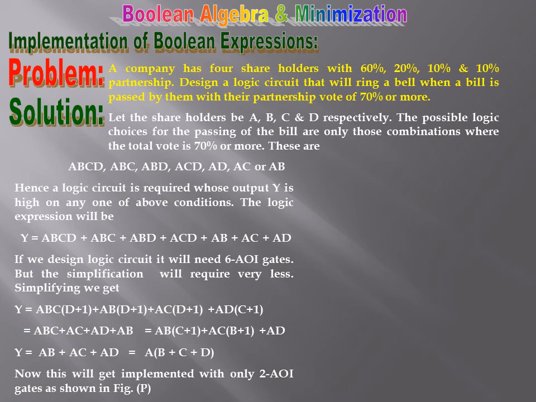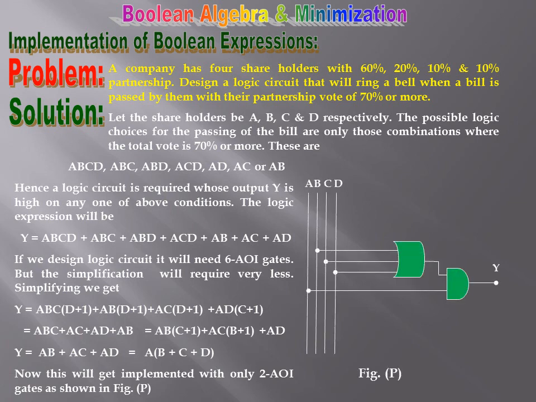If we take A common, we reach A and B or C or D. Now if we implement this circuit, it's a very simple circuit.